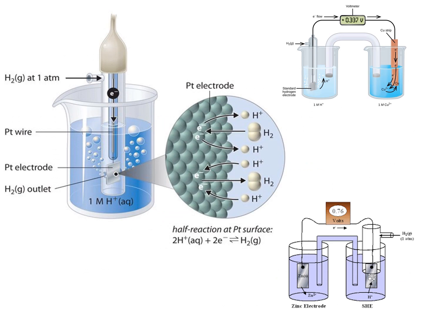Let's see how the standard hydrogen electrode acts as anode and cathode. For example, if it is acting as an anode, it should be involved in an oxidation reaction. Oxidation reaction means it should release electrons. We are passing hydrogen gas over the platinum wire and the hydrogen gas is adsorbed on the surface of the platinum foil.